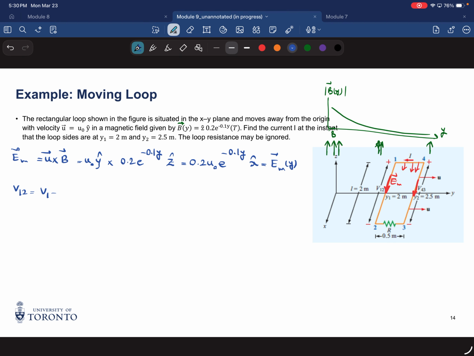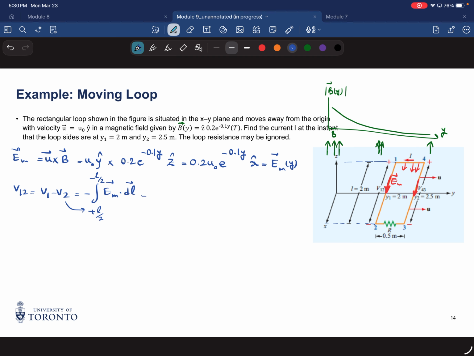V12 is V1 minus V2, which is minus the integral of EM dot dl, where the lower bound comes from point 2. What is the location of point 2? This is point 2. The difference between point 2 and point 1 is basically in the x direction. So point 2 here is going to be plus L over 2, and this is minus L over 2.